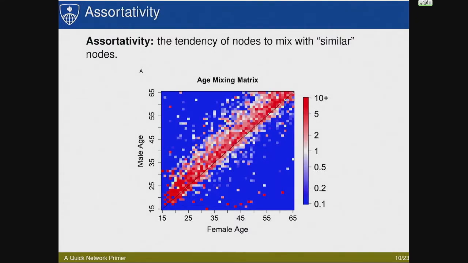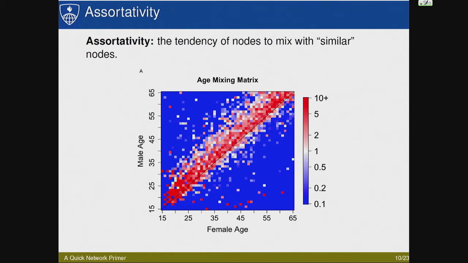Another property of networks is assortativity, which is a tendency of nodes or people or units to mix with similar units.